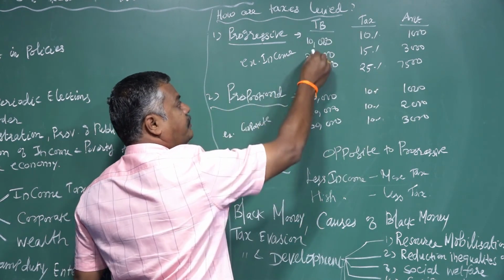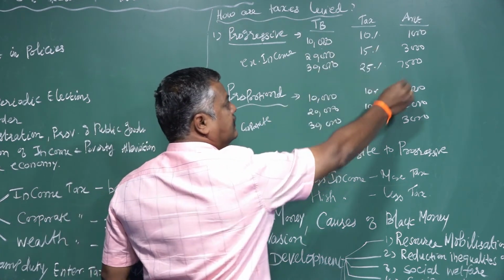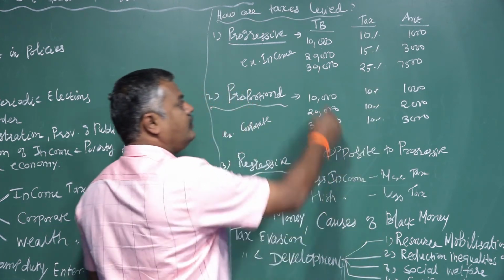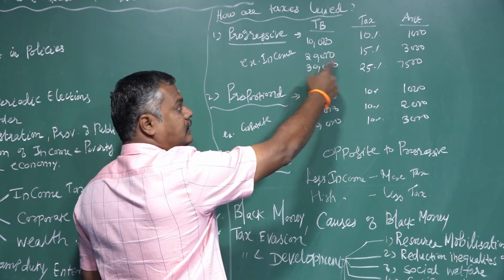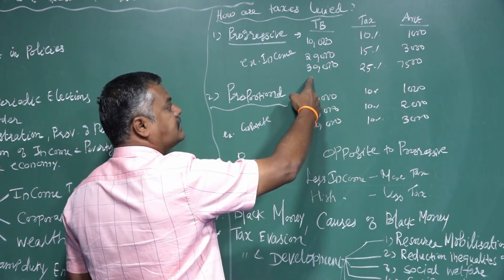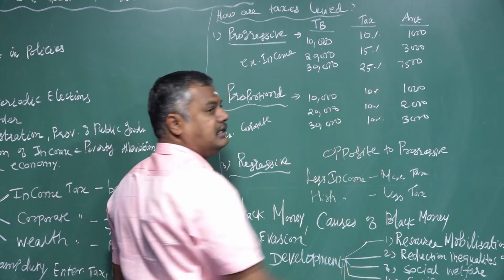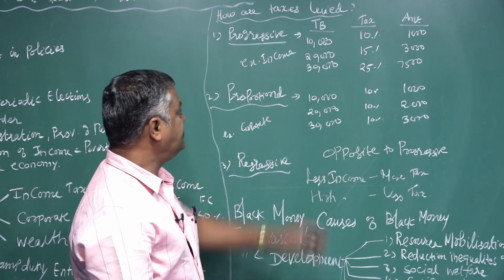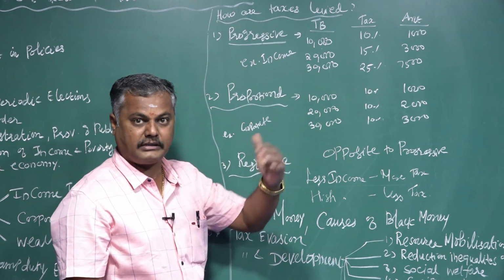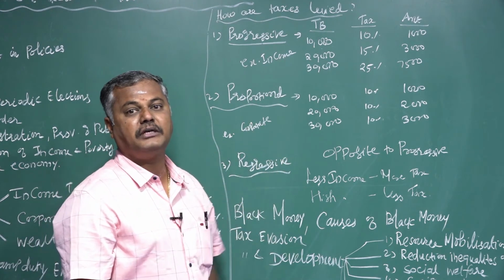If your income is 10,000, then the tax rate is 10%, so the amount is 1,000 rupees. If your tax base is 20,000, then your tax is 15%, so the amount is 3,000 rupees. Tax base is 30,000, then the tax rate is 25%, and the amount is 7,500 rupees. This is called progressive. Whenever the income is increased, automatically the tax rate is also increased.